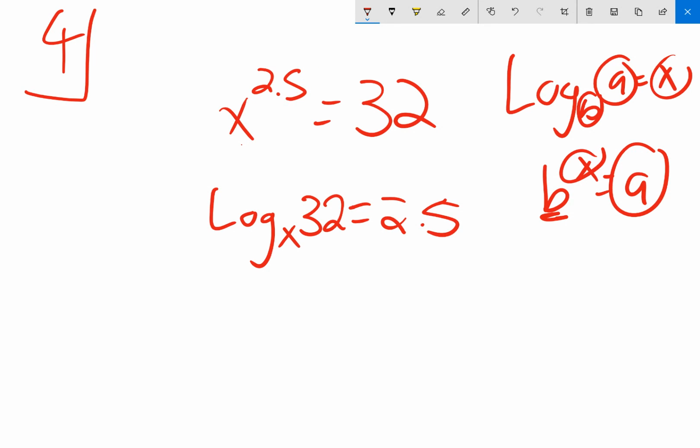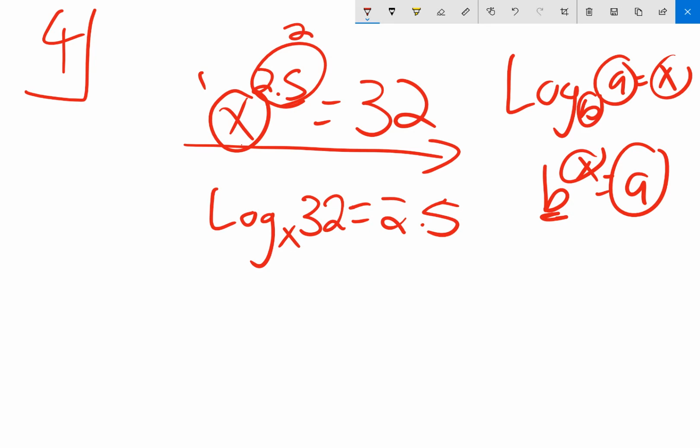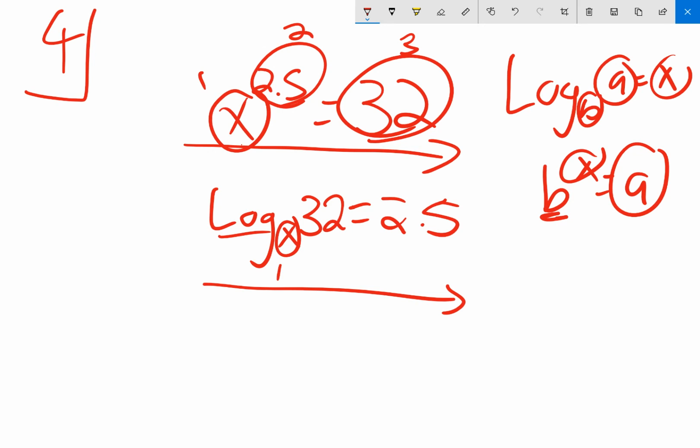So basically, if you read this left to right, the first thing you're going to see is x. The second thing you're going to see is the 2.5. And the third thing you're going to see is a 32. When you put it in log form, if you read it left to right, of course you have log. That's kind of a given. But x is the first thing you see, the 32 is the second thing you see, and the 2.5 would be the third thing you see.